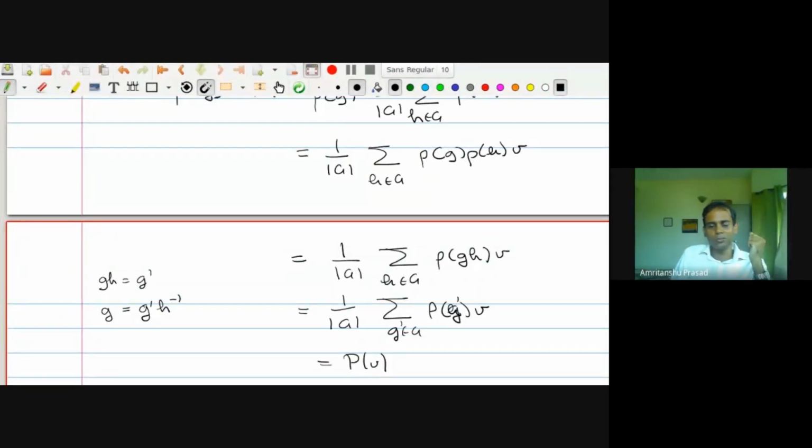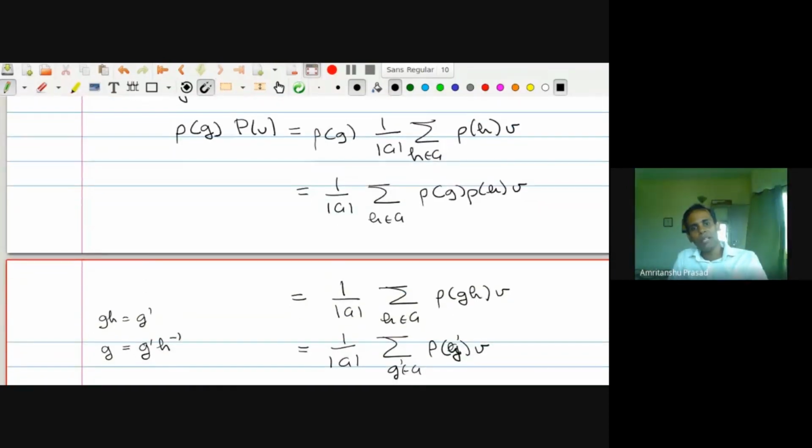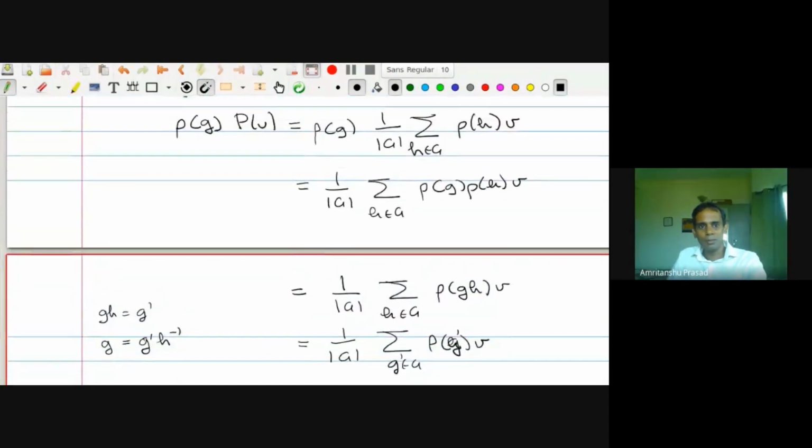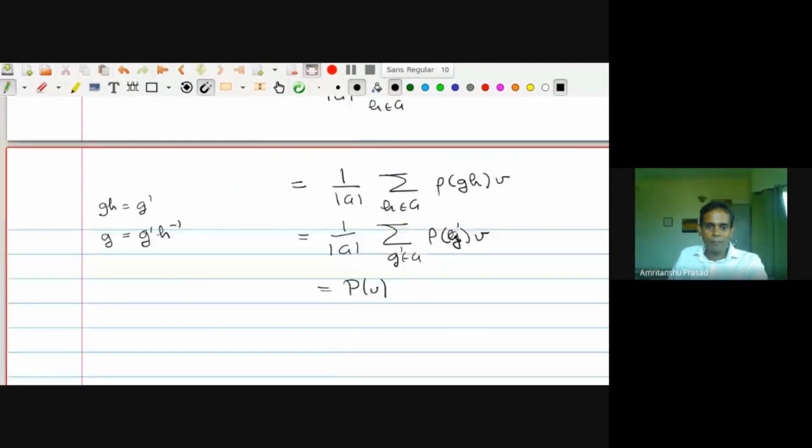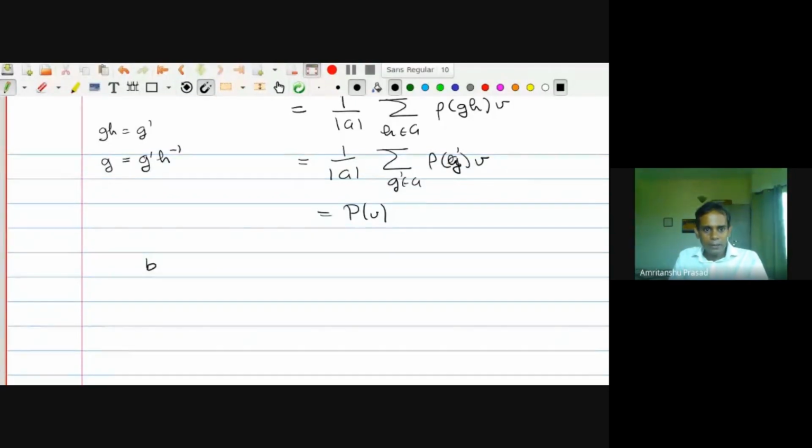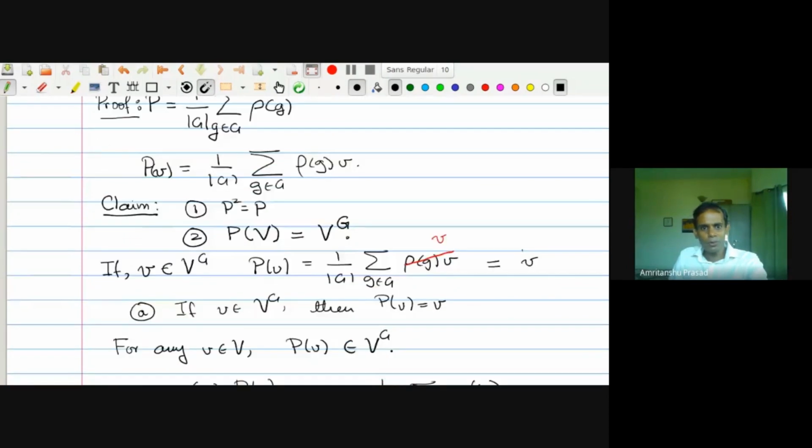The average of rho of G over G. So what we've got is that if you take PV, then rho G times PV is equal to PV. So we have point B, that PV belongs to VG.